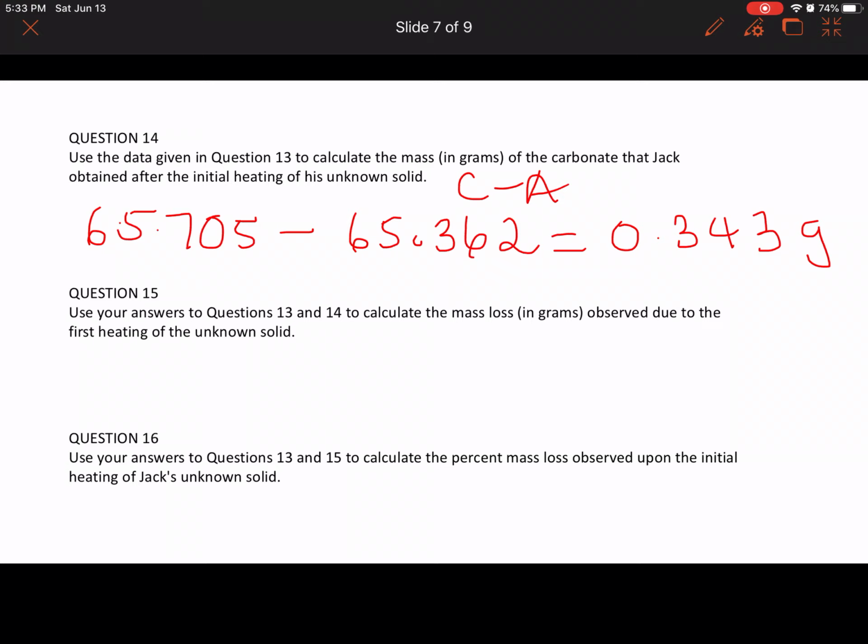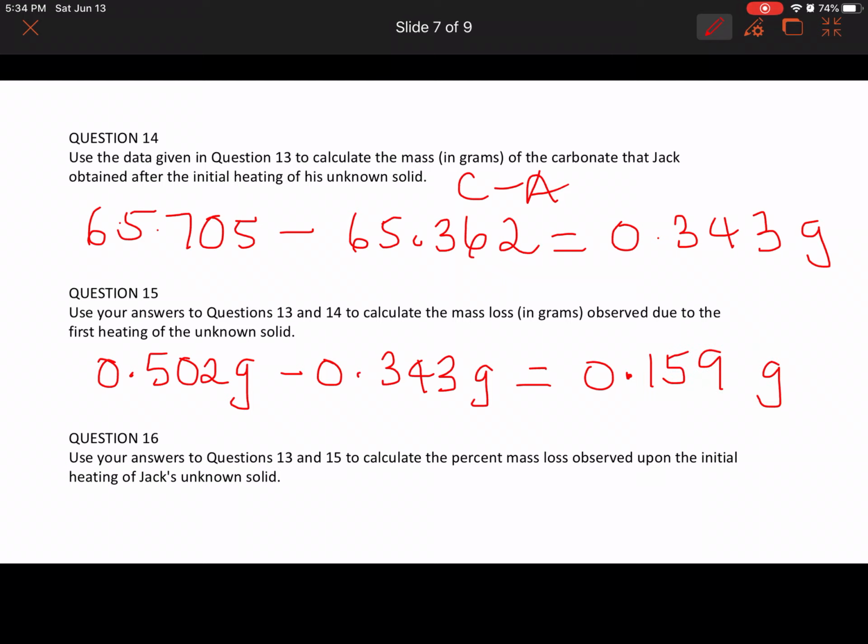Okay, the initial solid is 0.502 grams, and after the first heating it became 0.343 grams. So the mass loss is going to be the difference of this. That's 0.159 grams.